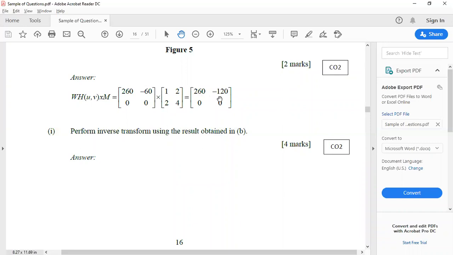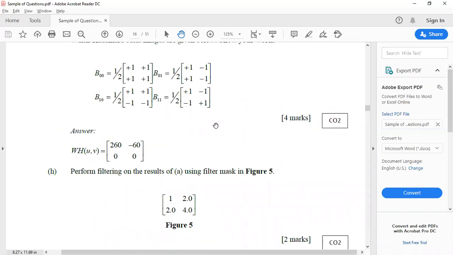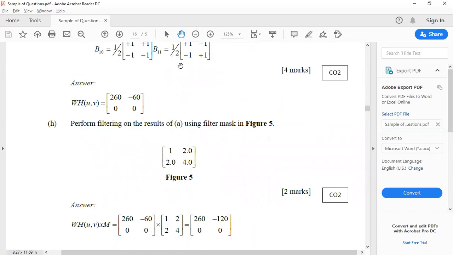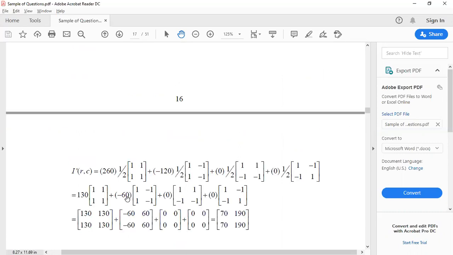So you take the coefficient, this one, the one that you have modified. So you try to multiply, okay, 260 multiply this, 120 multiply B01, 0 and 0 multiply B10, B11. So this is what you get. And you try to solve it, and this is what you get. So you see that now the difference increase from 70 to 190, the difference 120 exactly.